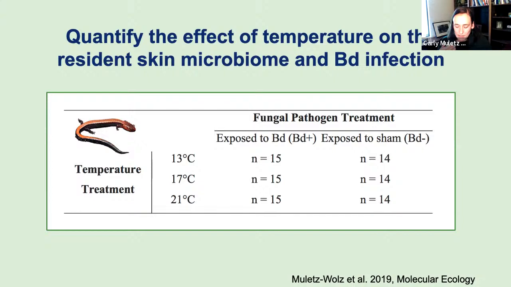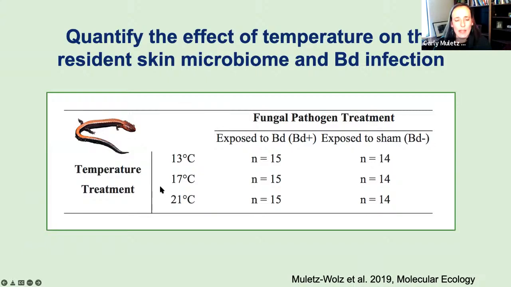So then what I did following that was to validate. I looked specifically at temperature for a number of reasons instead of soil pH, and we focused on temperature going forward. I then did an experiment bringing redback salamanders into the lab to look at how temperature and BD infection were shifting their microbial communities.